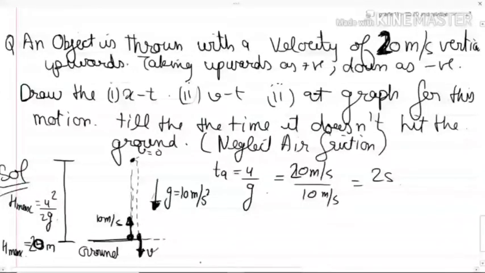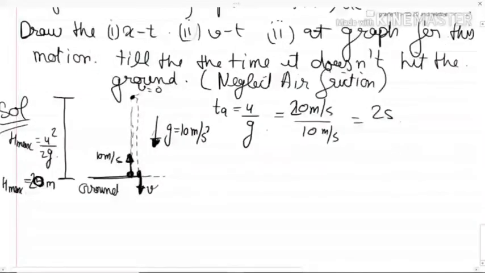Okay. I changed the data, guys. I have thrown this object with 20 meter per second. Now, the time taken for ascent is how much? 2 seconds. What will be the time for descent? How much time will it take to come back to the ground? The time it took to go up, the same time it will take to come down, right?